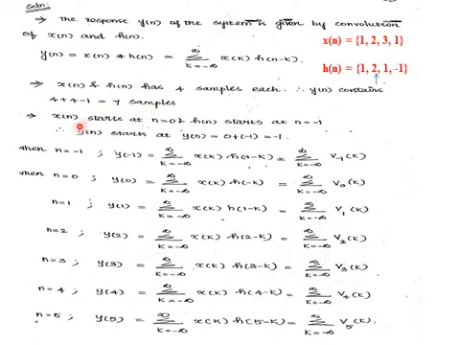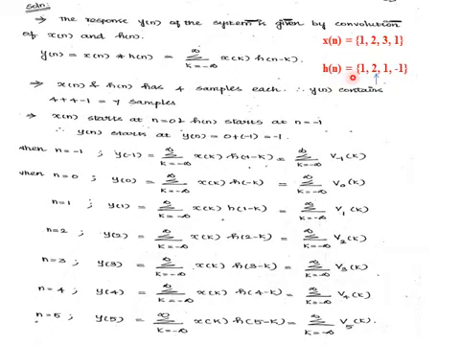The second basic step is to find at what value of n y of n will start. For this, we have to sum up the starting values of both x of n as well as h of n. Looking at x of n, since an arrowhead is not mentioned here, we will consider the first sample as n equal to 0. So x of n starts at n equal to 0.